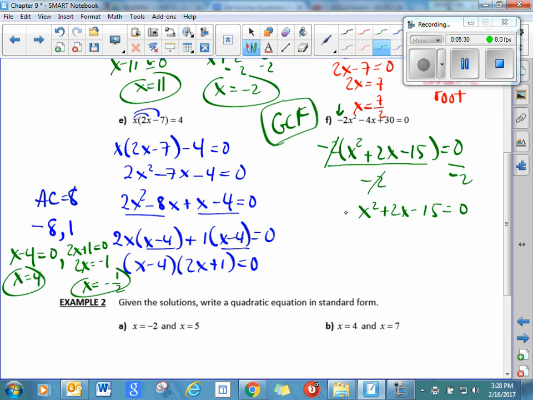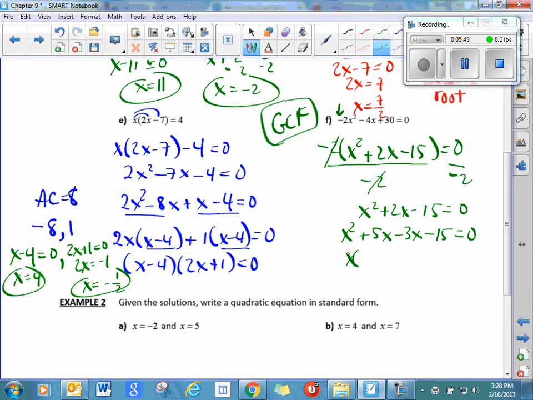So I'm seeing a positive 5 and a negative 3. When I split this up, I get plus 5x minus 3x minus 15 equals 0. And that gives me the positive 2 here in the middle.